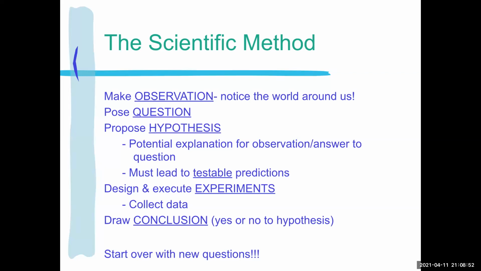And then you're going to draw a conclusion, which is hopefully a yes or no to your question, to your hypothesis. And the conclusion is an opinion. It's an informed opinion, right? And you're going to start over with new questions, because every question answered leads to more questions that you can ask.